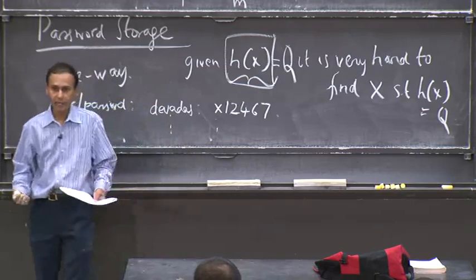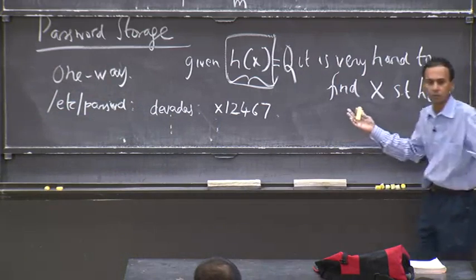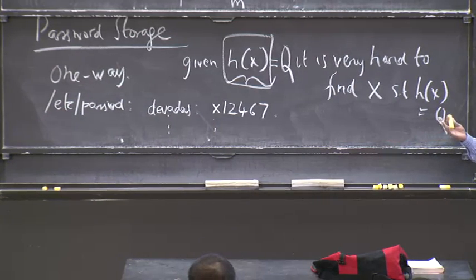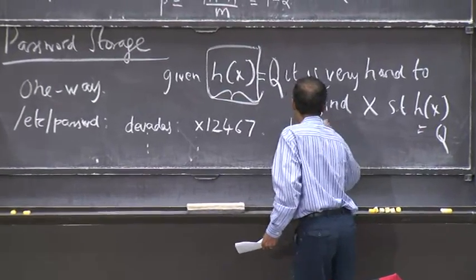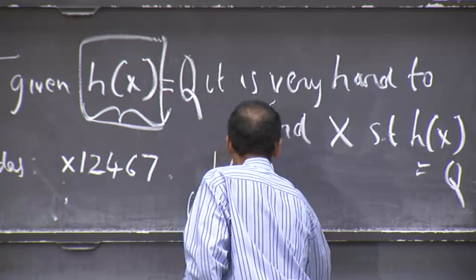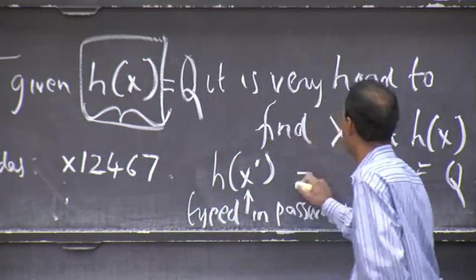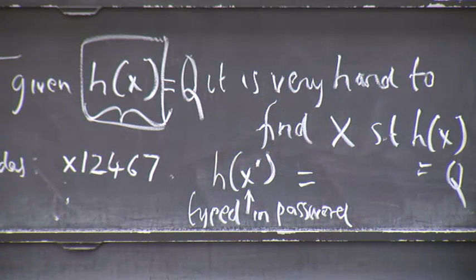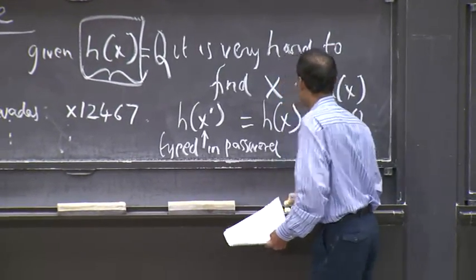When I log in and type in the actual password, what does the system do? It hashes it. It takes x prime, which is the typed in password, which may or may not be equal to my password, because somebody else may be trying to break in, or I just mistyped or forgot my daughter's first name, which would be bad.